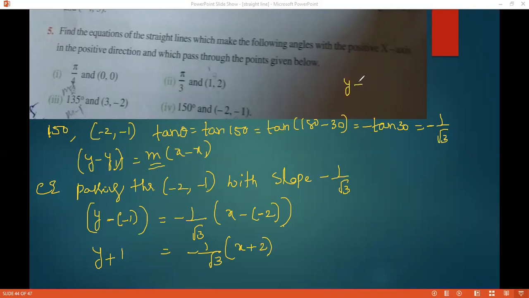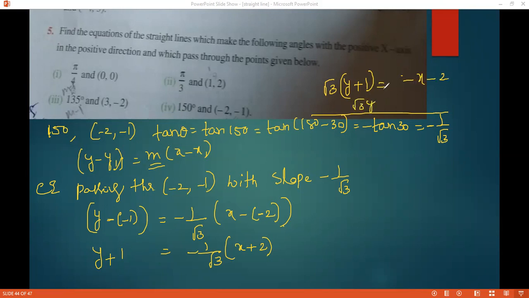So here we are getting y plus 1 is equal to minus 1 upon root 3 times x plus 2. Cross multiplying with root 3, you will get root 3 y plus root 3 is equal to minus x minus 2.